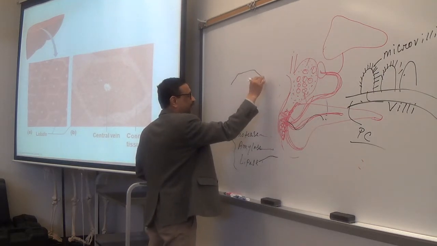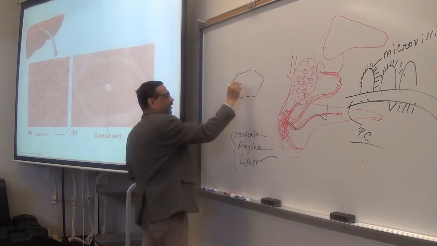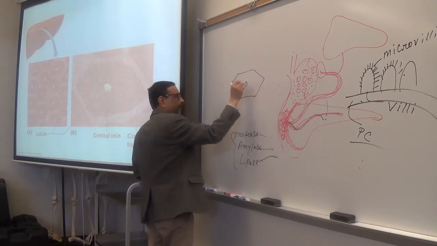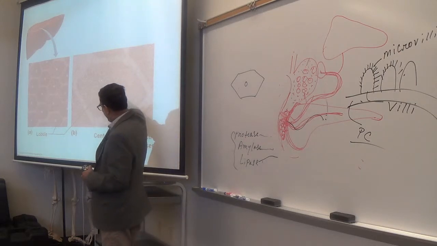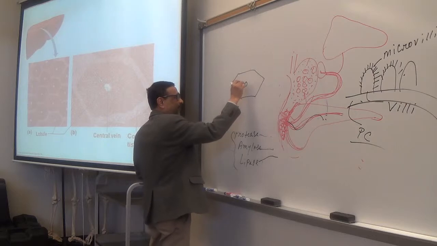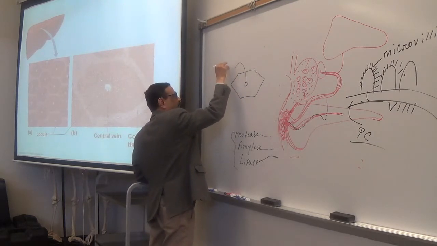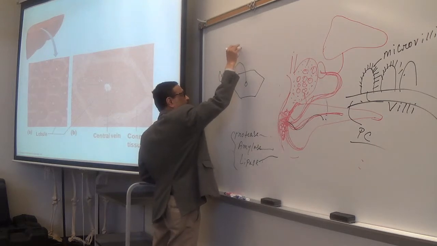And if you see one lobule, hexagonal, 6 angles, and in the center of the lobule you have a canal that is for the central vein. So this canal is for central vein.